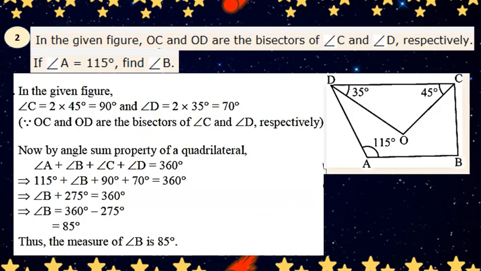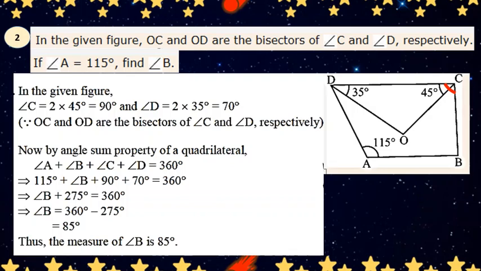Angle C is which one? The full angle, not that 45 alone. You should see DCB, that is angle C. DCB is angle C and ADC is angle D. They are cut by the bisectors into two equal parts.